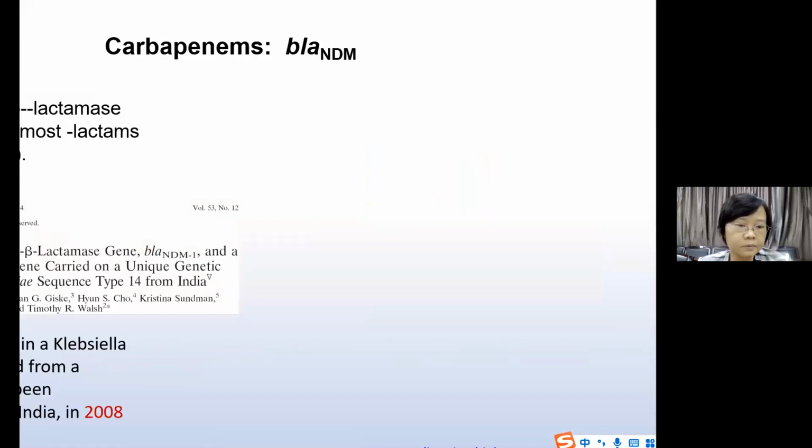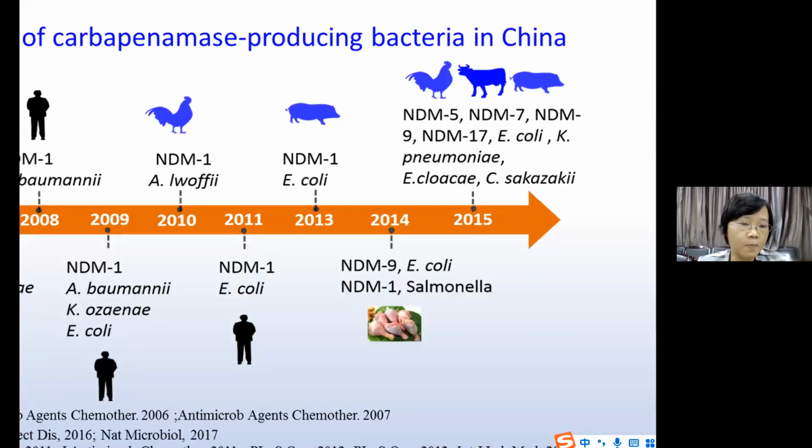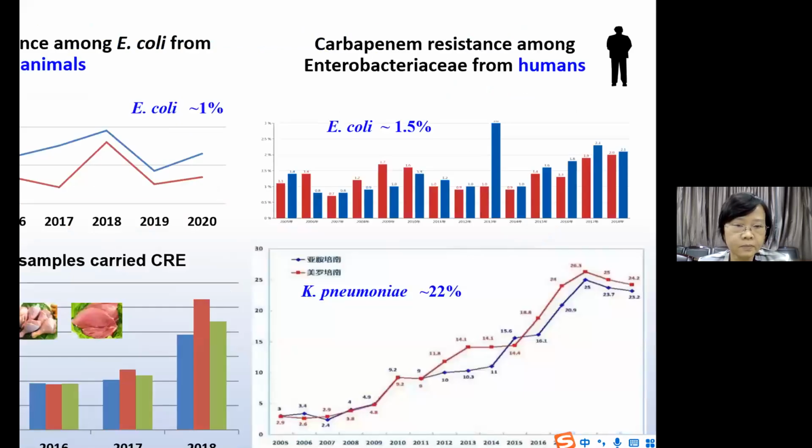Another example is the NDM genes, which were discovered in 2008. It has spread across the world. In China, in 2008, we also detected NDM, and in recent years, the detection rate of NDM has increased in animals since 2015.